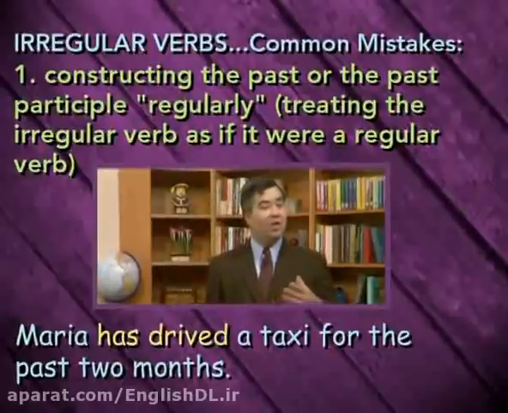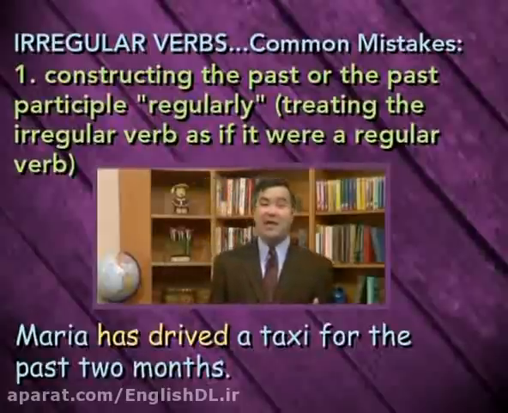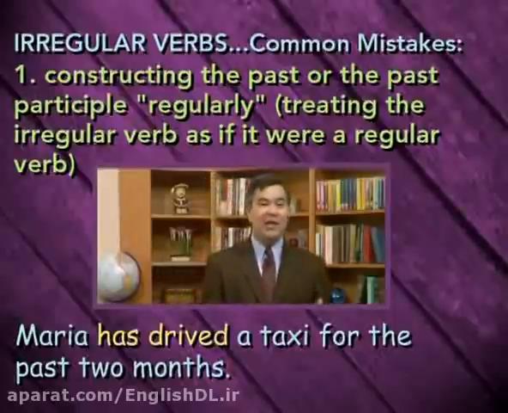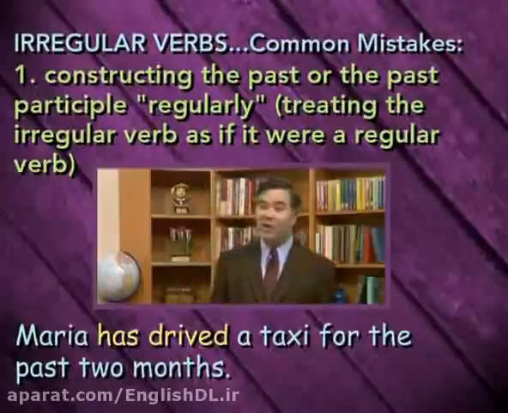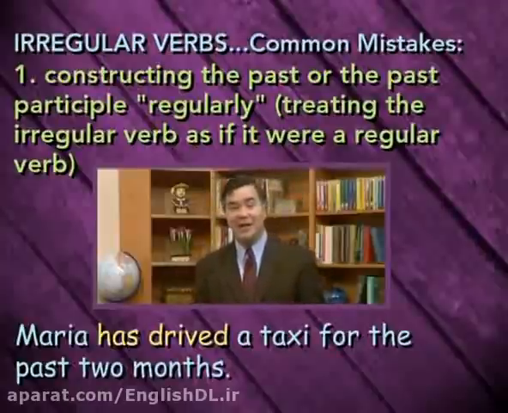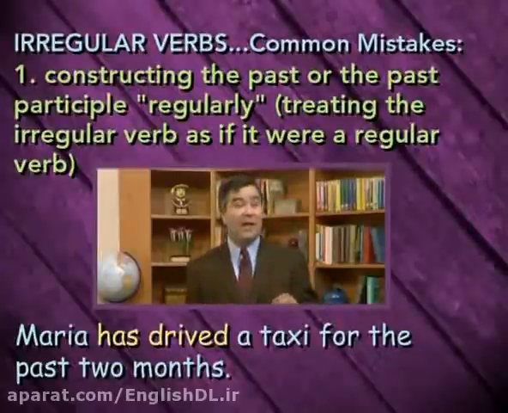Once again, drive is an irregular verb, and therefore we can't create the past participle simply by adding ed and turning it into drived. That would be correct if drive were a regular verb, but since drive is an irregular verb, that's not correct. Instead, we have to figure out how the past participle of drive is actually formed.